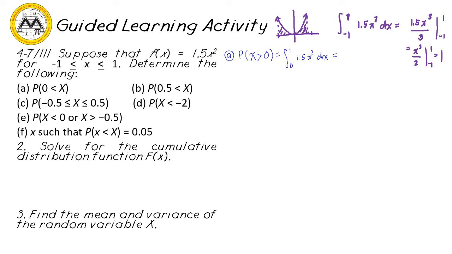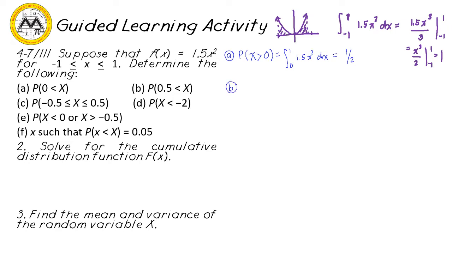You can use your calculator for this. However, I think it's quite obvious that since this is symmetrical and it is half, so this is 1 half. But we can verify that using your calculator for the integration. So it's indeed 1 half.